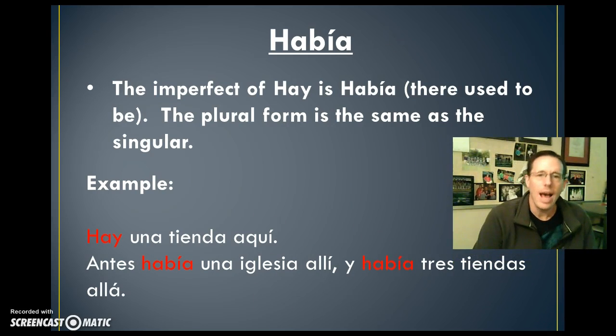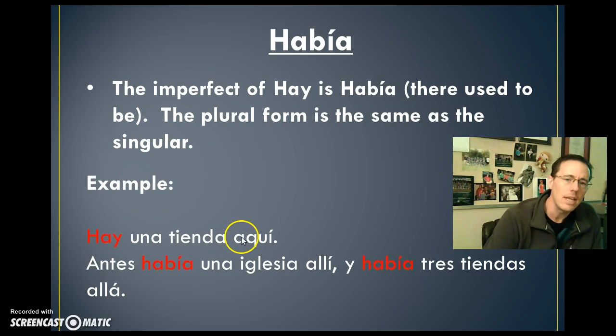So the imperfect of the word hay, remember the word hay, there is, there are, is there, are there, is había. So if you want to use the imperfect form of that, you want to say there was, there were, was there, or were there, you would use this word había. The plural form is the same as the singular, just like in the word hay. For example, hay una tienda aquí. There is a store here.